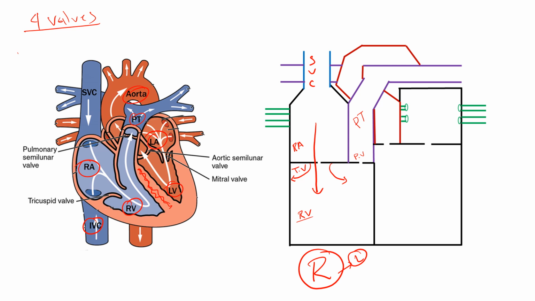The pulmonic valve opens in the other direction, so it will open this way and will allow the blood to flow from the ventricle towards the pulmonary trunk. So put here pulmonary valve.